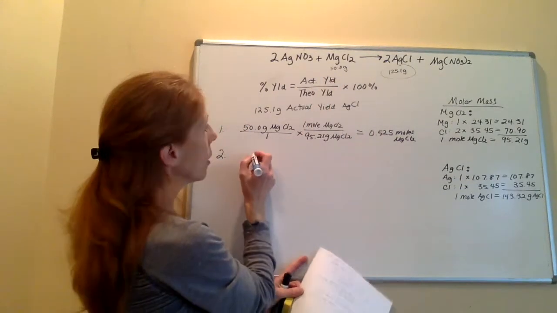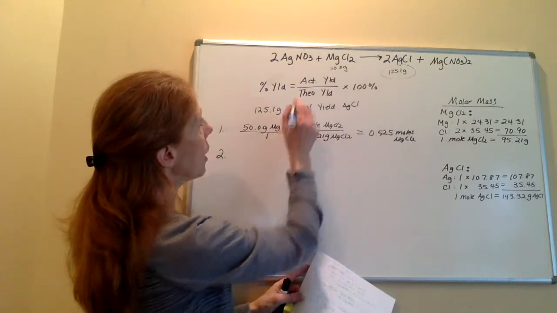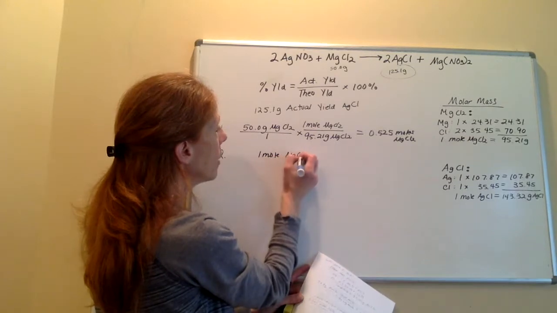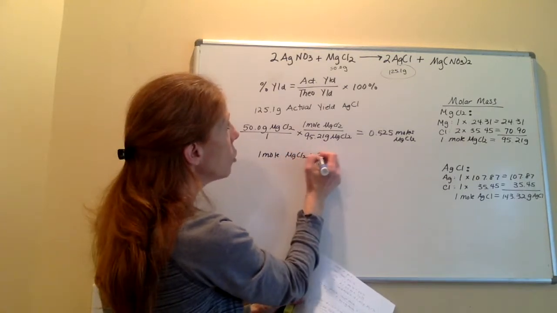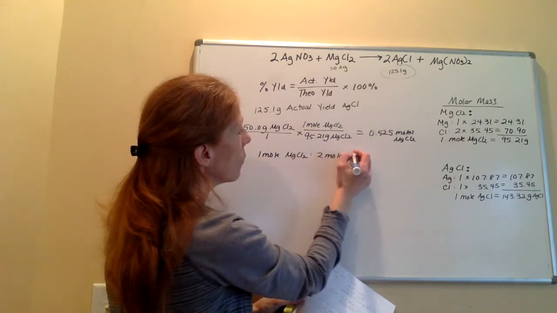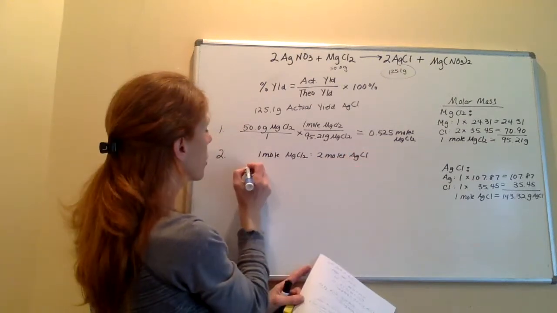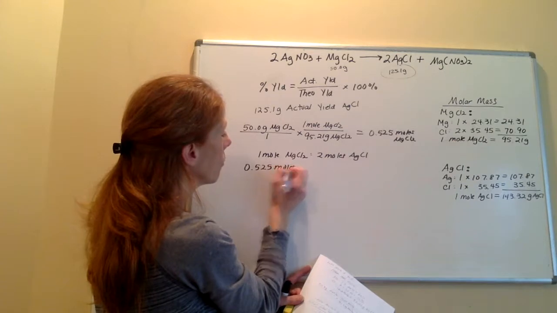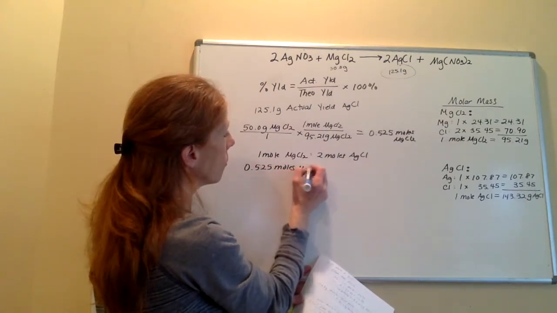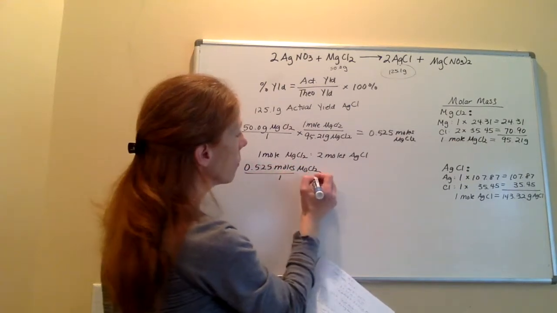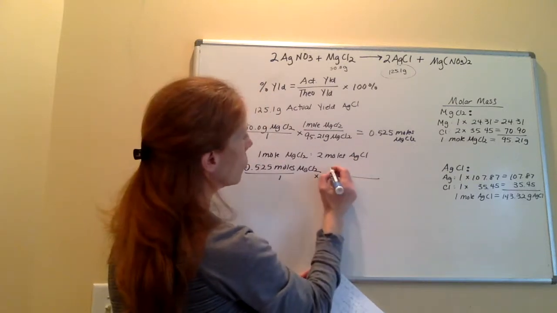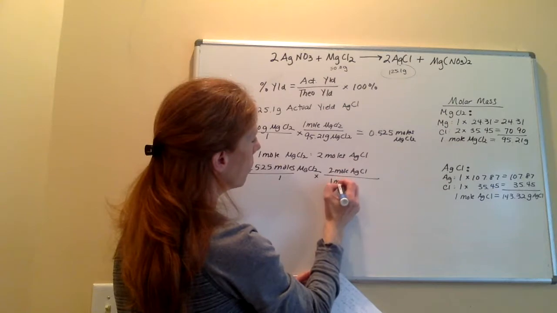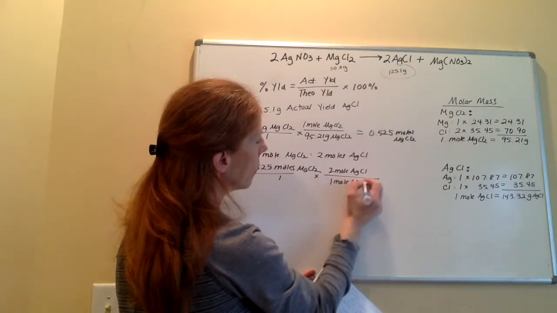Let's go ahead and do that. So what's the relationship between them? Well, for every 1 mole of magnesium chloride, I'm going to produce 2 moles of silver chloride. So let's figure that out: 2 moles of AgCl, silver chloride, per 1 mole of magnesium chloride.